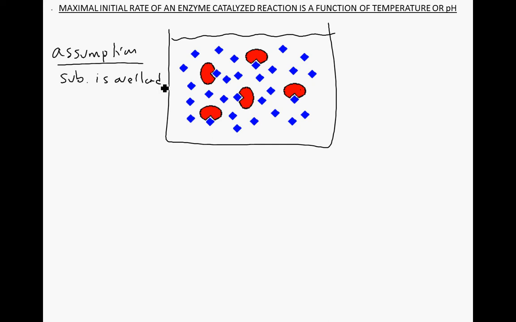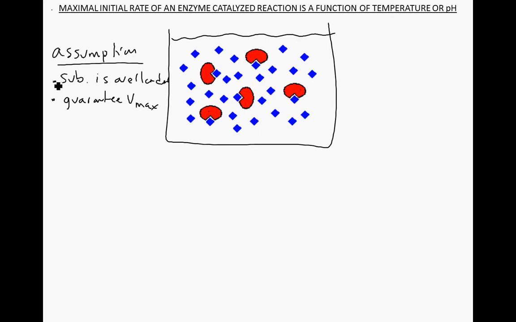So we're not going to run out of substrate. Therefore, we can almost guarantee Vmax is going to be reached. You're going to have this reaction happening maximally, and you're going to get lots of collisions between enzymes and substrates here, so that you can then measure the rates of the reaction.